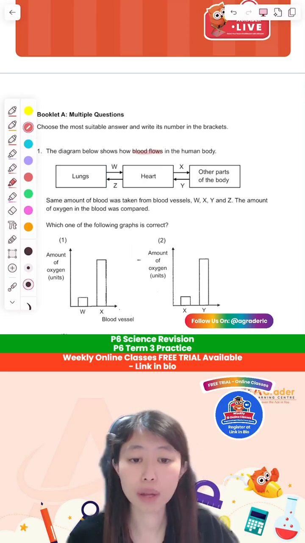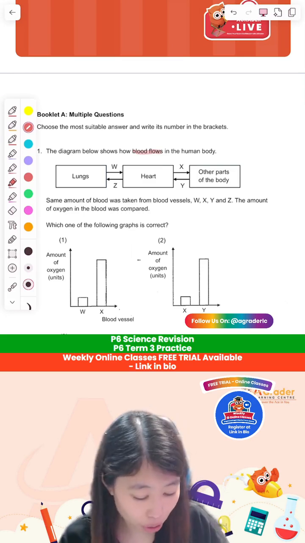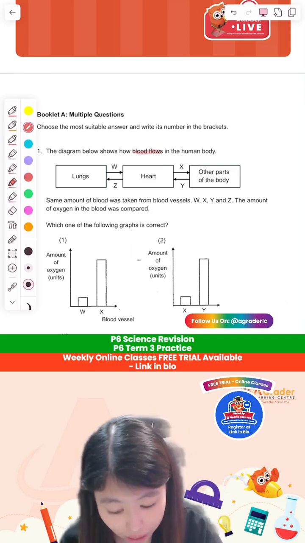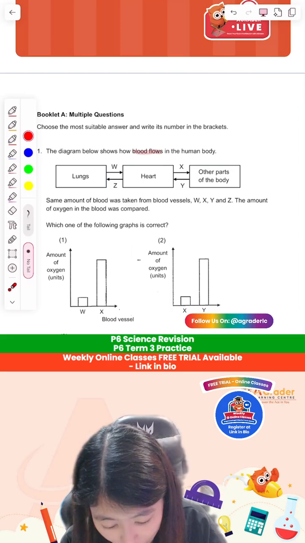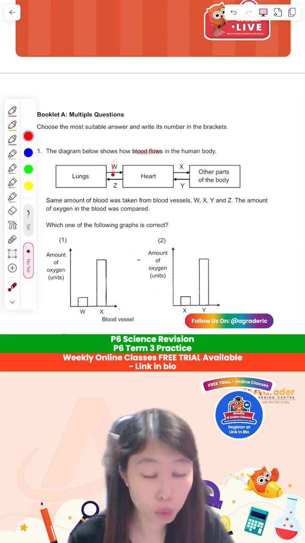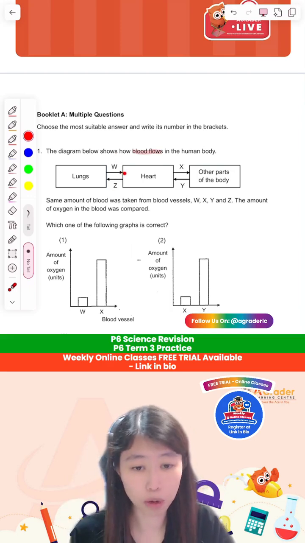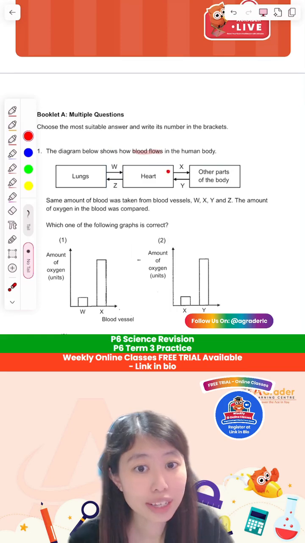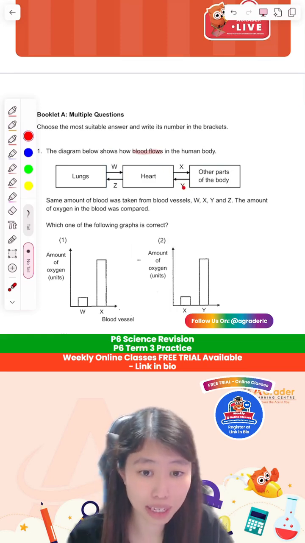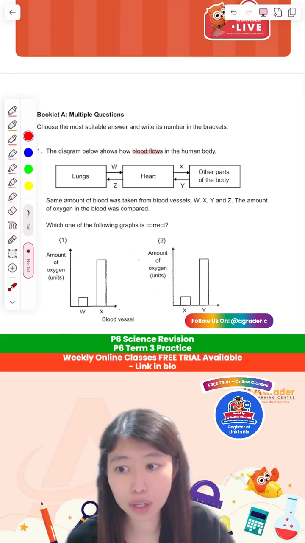So what do I mean by label the vessels? For all these vessels, W, X, Y, and Z, we must label them accordingly. Please do not use heart as part of your label. Why? Because if I label W as to the heart, then Y will also have the same label to the heart, and I wouldn't want to label it that way.